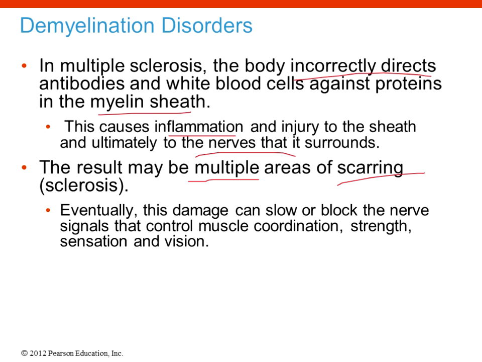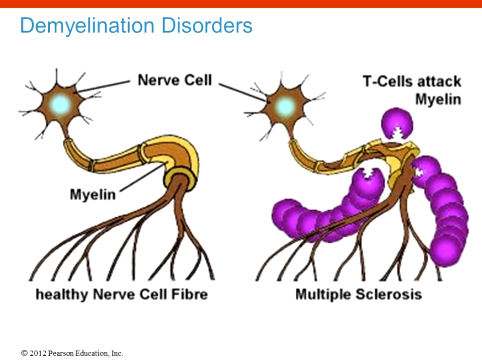And so this damage over time can cause impulses to be slowed significantly or blocked altogether, and often things like muscle coordination, strength, sensation, vision can all be impacted because these are the types of impulses that travel on myelinated axons.